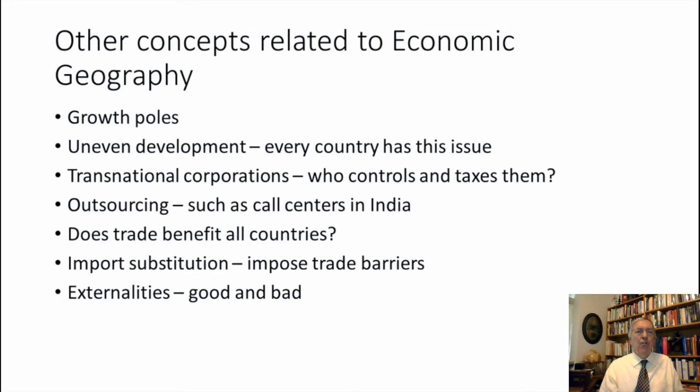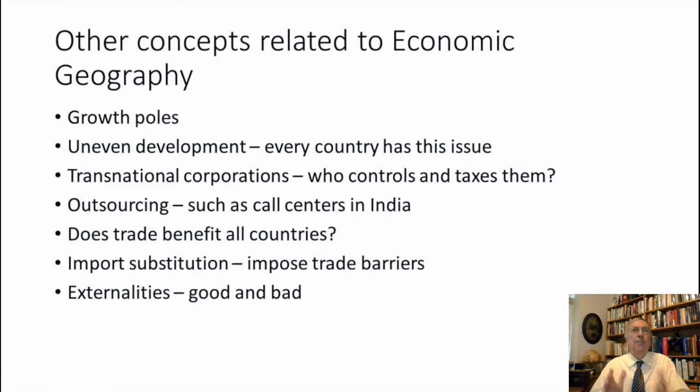I mentioned outsourcing, a term that has come to mean sending stuff overseas, like call centers in India. If you run a credit card company and people call with issues, like, I didn't charge that, it's a lot cheaper to have somebody from India answer the phone.